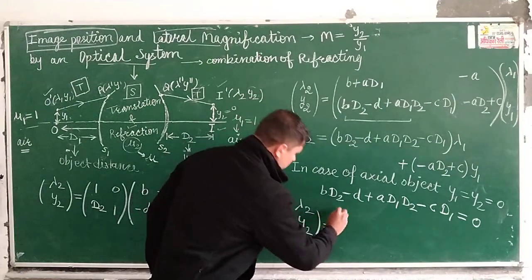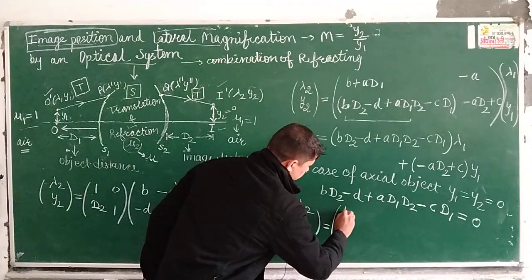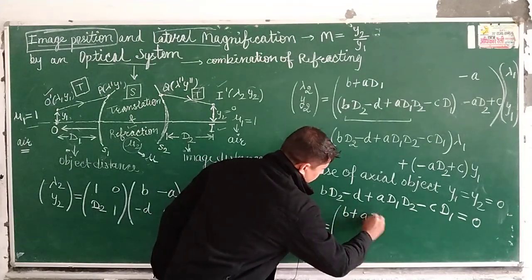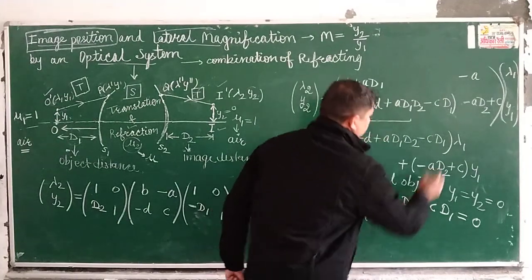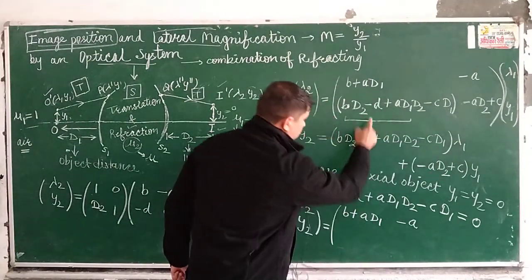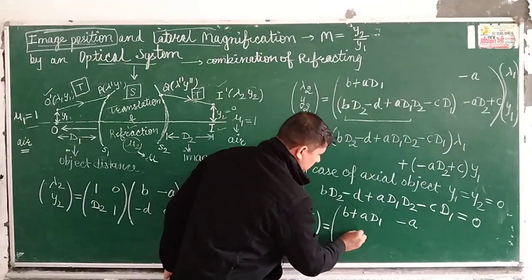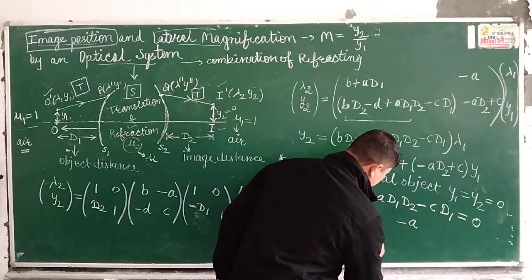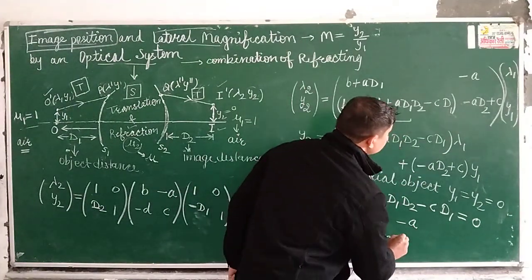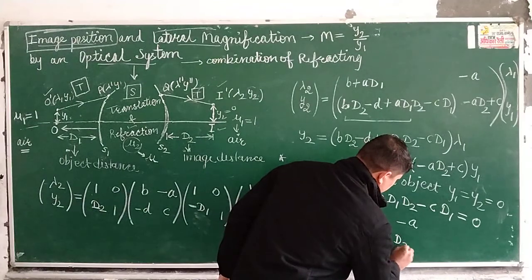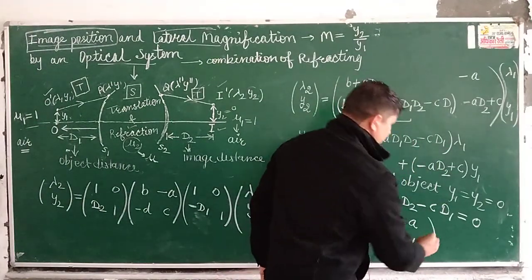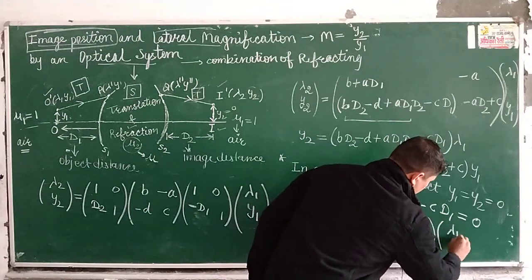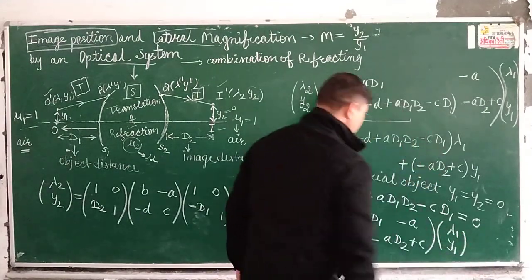This will be equal to, this is b plus a d1, and then you have minus a, and then you have 0, and then you have minus a d2 plus c, and then you have lambda 1 and y1.